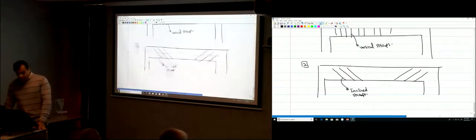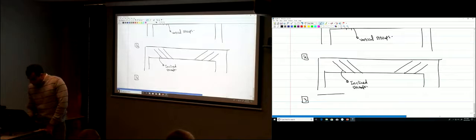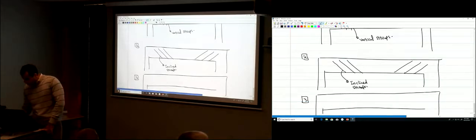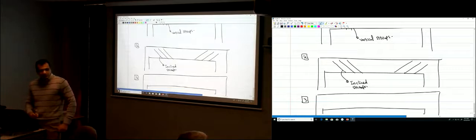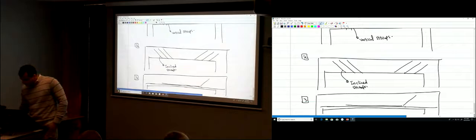And then the third type is, what's that? We discussed this before, briefly. Bent up bars. You have steel here, and you're not going to need all of it on the bottom of the beam. So what you can do is you bend it up.